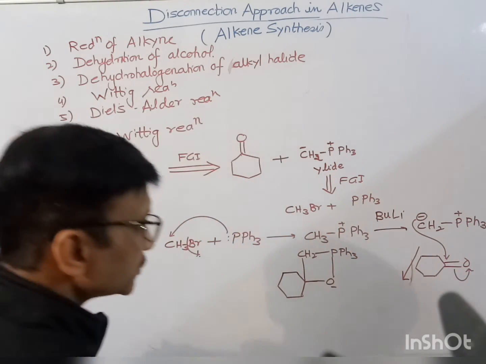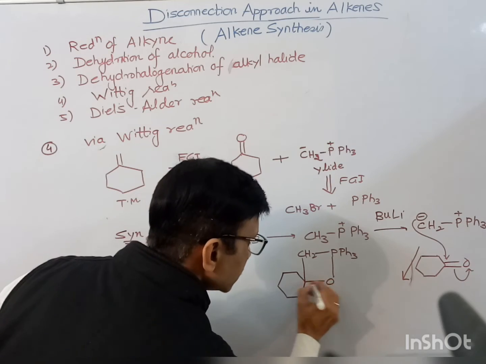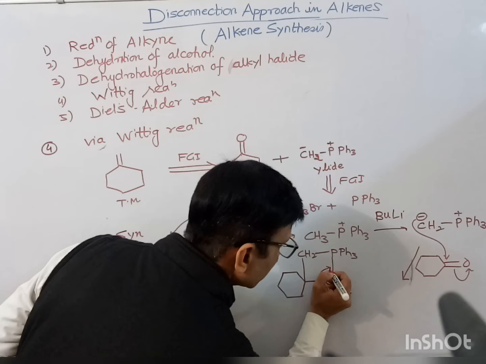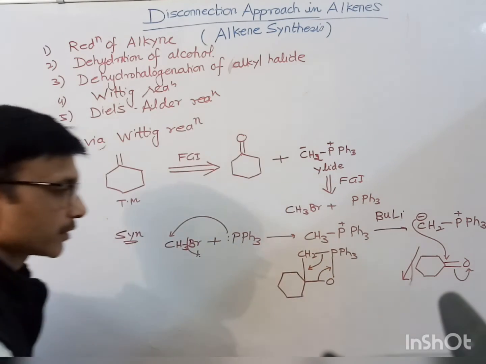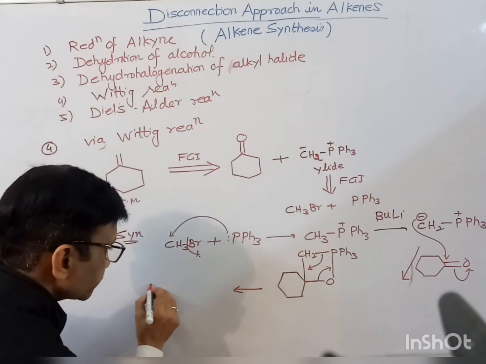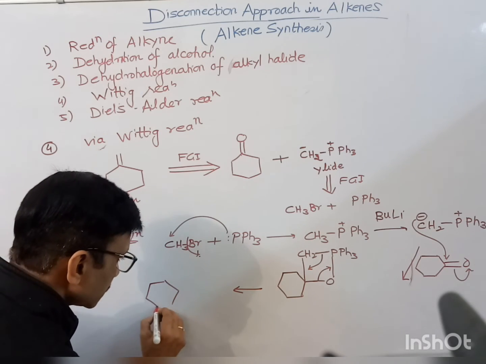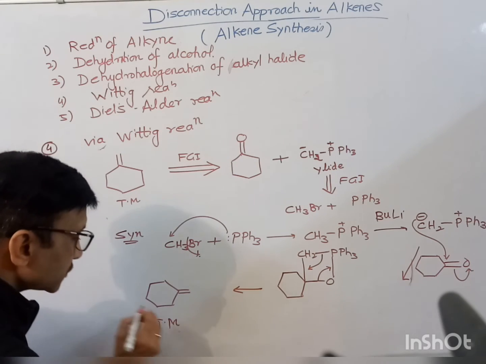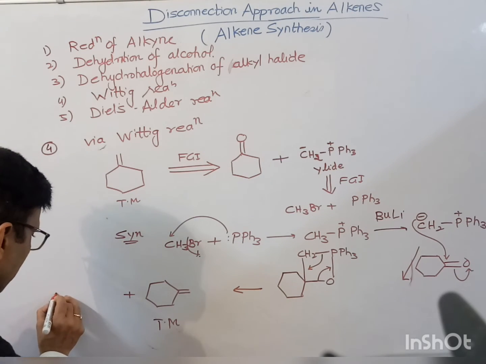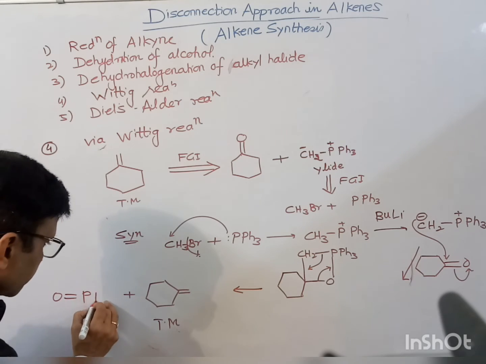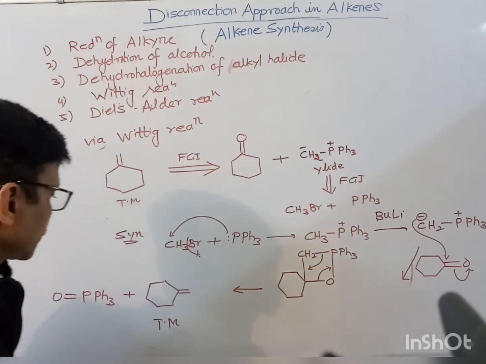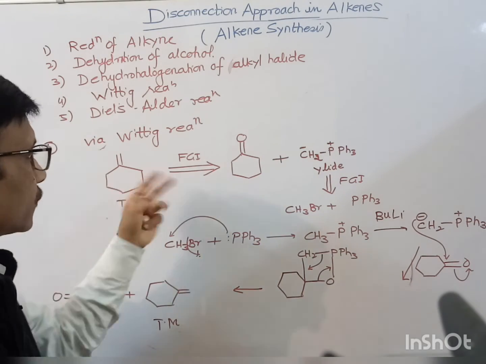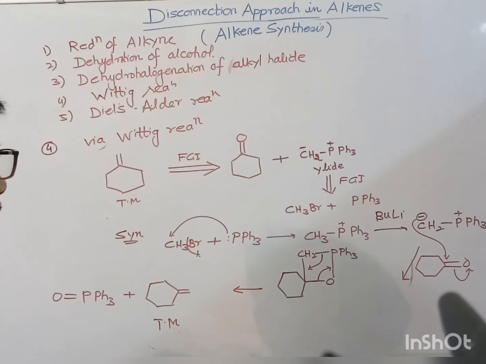It's a 4-membered cyclic transition state, and now this carbon-oxygen bond, the weakest bond, will undergo fission and you will get triphenylphosphine oxide. So this target molecule can be obtained. So this is one of the Wittig reactions.